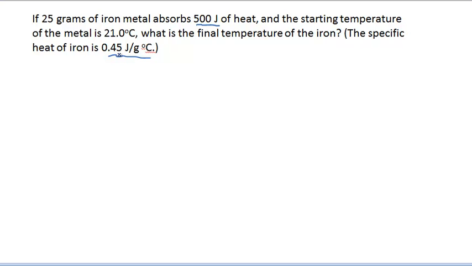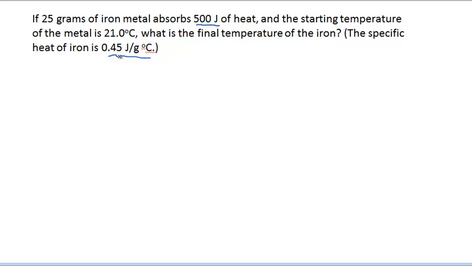Okay, so it's almost half of a joule. So again, if you have 1 gram of iron and it absorbs about half of a joule of energy, the temperature of that iron will go up 1 degree Celsius.